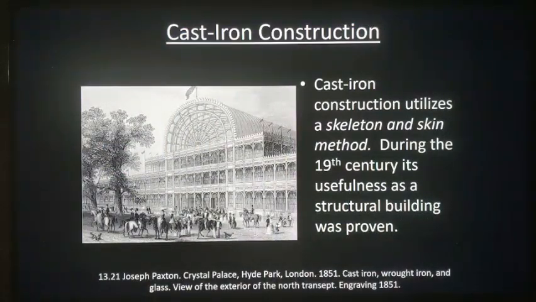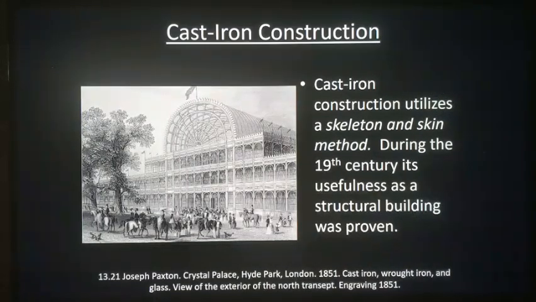This takes us to the revolution that we have occur in the 19th century of cast iron construction. This is the first time that we're producing metal in a high enough quantity during the Industrial Revolution that we can change entirely the way that we're building structures.